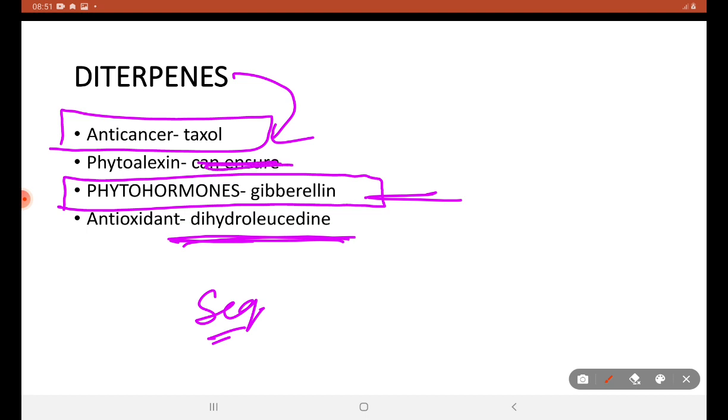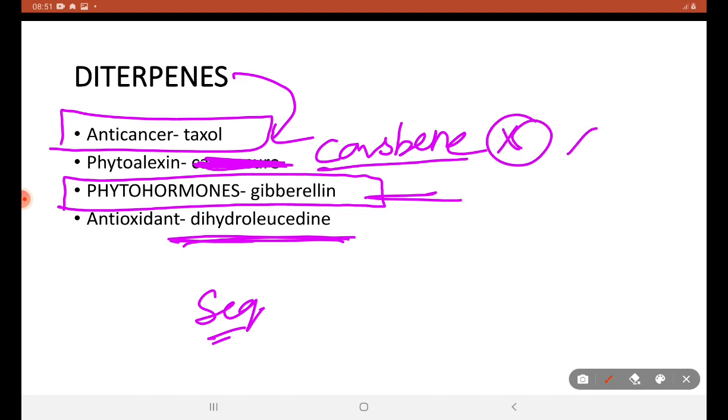Phytoalexin is, it's not cancer, it is casbene. Phytoalexin is casbene. Please change it. Anti-cancer taxol, phytoalexin casbene, phytohormone gibberellin.